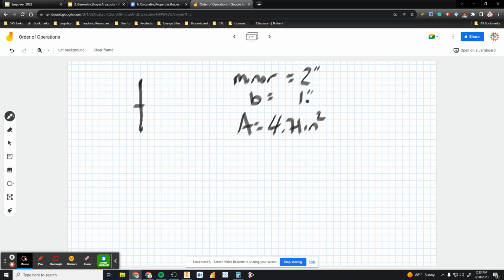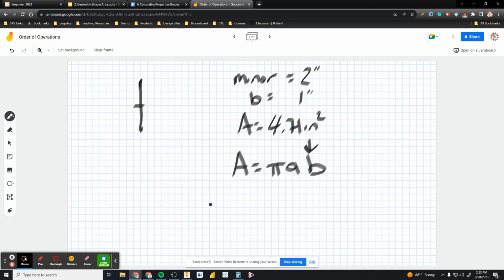So half of 2 would be 1. So luckily the math for that isn't all that difficult. So we know what our B is going to be. So the formula for finding the area of an ellipse is area is equal to pi times A times B. Where we have B, we need to find A. All right. And we also have area as well.